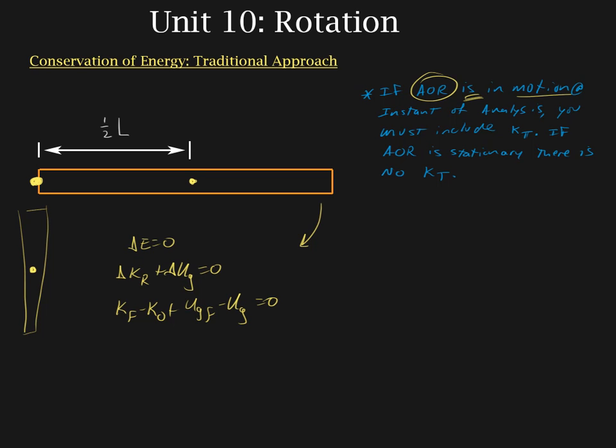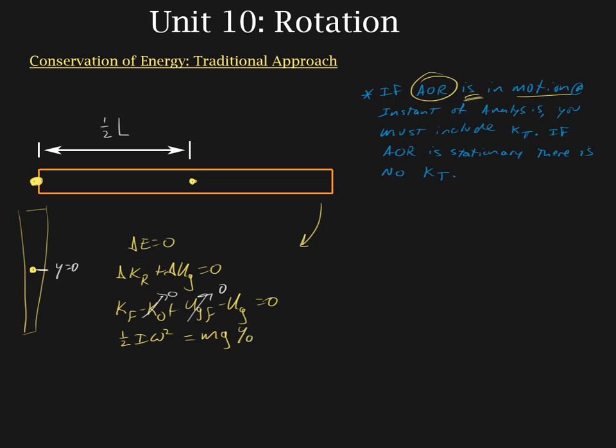So let's cancel out the stuff that goes away. UG final is going to be 0, because we're going to say at this point y is equal to 0. And K initial, of course, is 0. And so we'll have 1/2 I omega squared is equal to mg y initial.